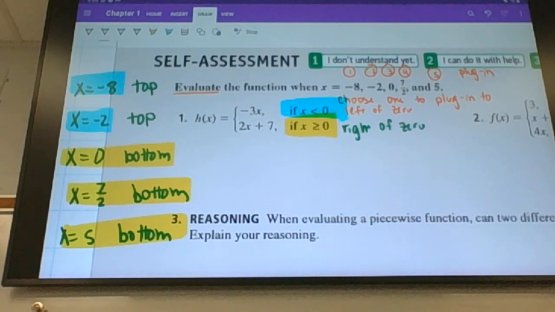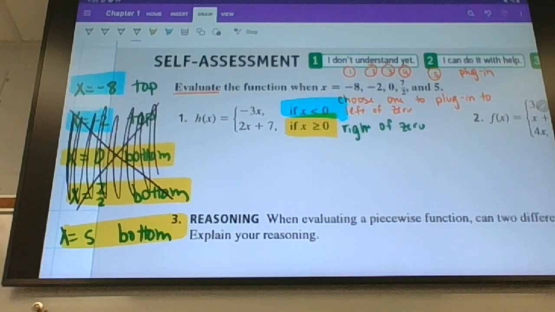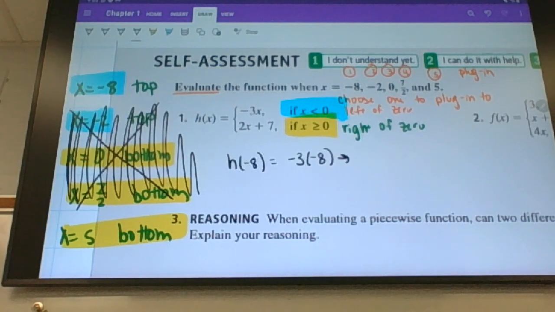All right, I want to shorten this, so for our purposes today, I'm not going to do these 3 for our notes. I'm just going to do the lowest and the highest value. All right, so x is -8. I'm going to do -3 times -8. That's positive 24.